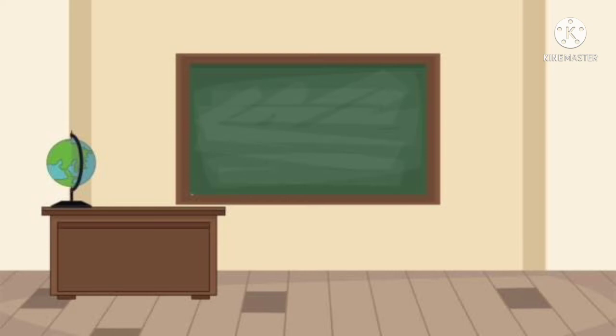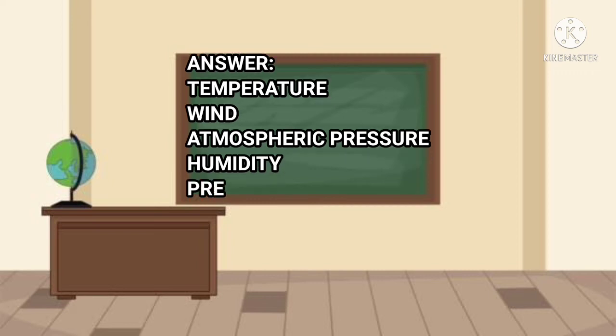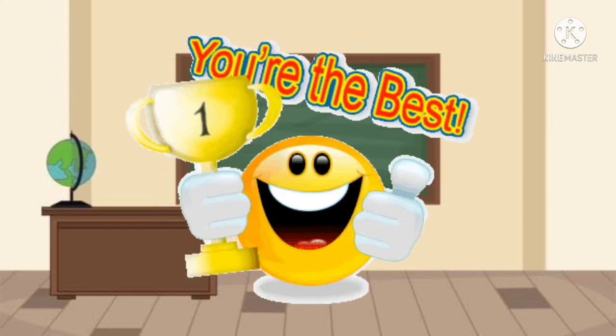Time is up. Let's check your answer. Now, your answers can be in any order. We have temperature, wind, atmospheric pressure, humidity, and precipitation. Did you get them all, class? Awesome!